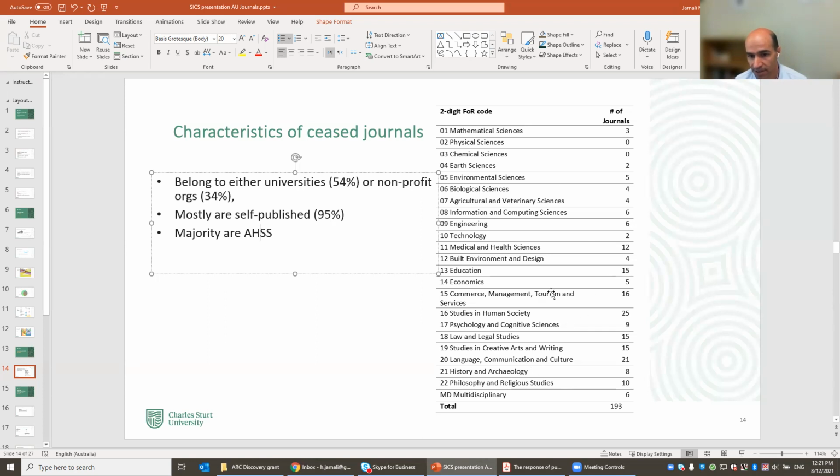You can see that from codes 13 up to 22, there are more journals here than, let's say, physics or chemistry. There was no journal from physics that discontinued, no chemistry journal, a few earth sciences, but there were a lot of journals like in human society, which is sociology and so on, or legal journals, or creative arts journals, and communication, culture, etc.